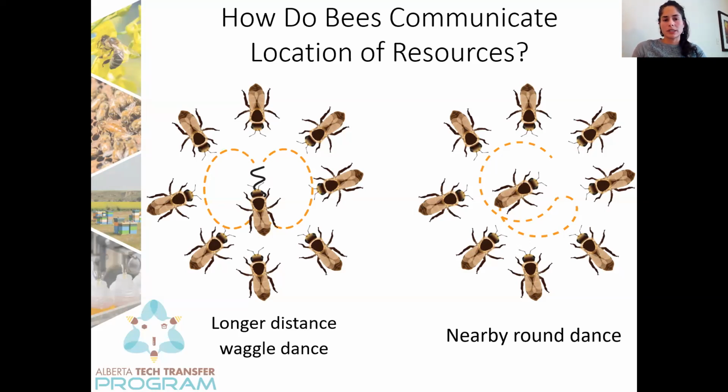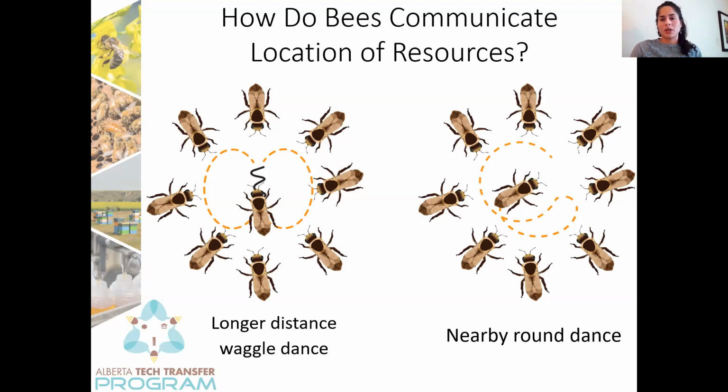With the longer distance dance, the waggle dance, they can tell the recruiters, the other foragers, how far it is and the direction of that resource based on the sun from the colony. So it will tell the direction, and it will tell how far it is.